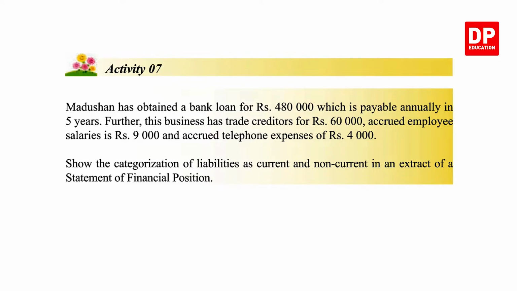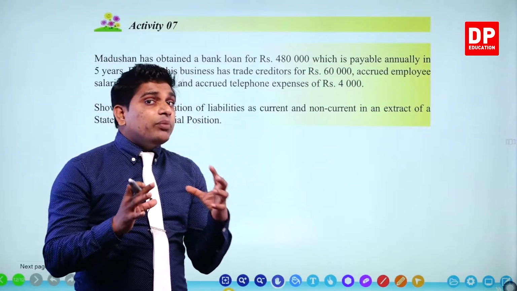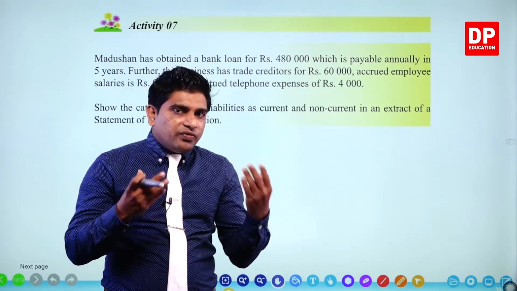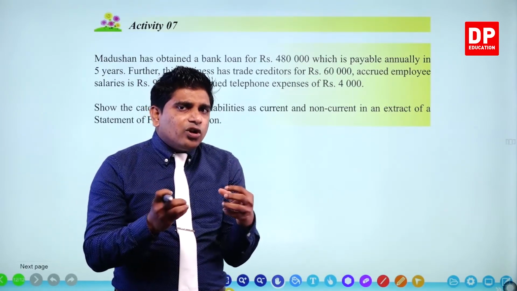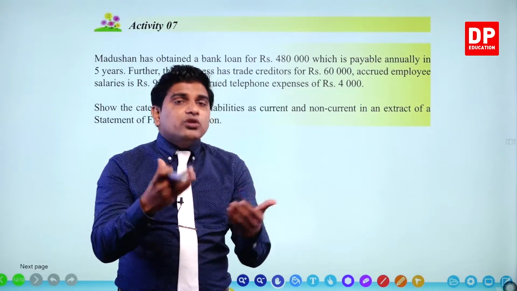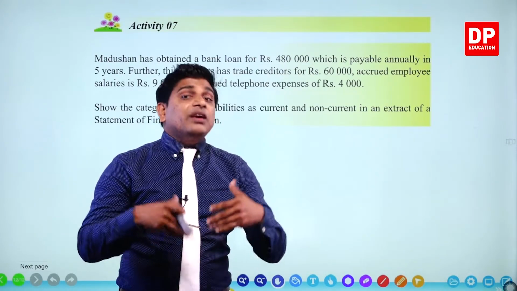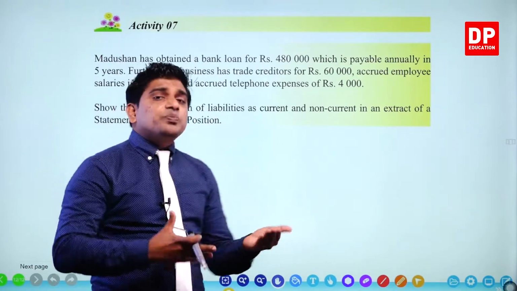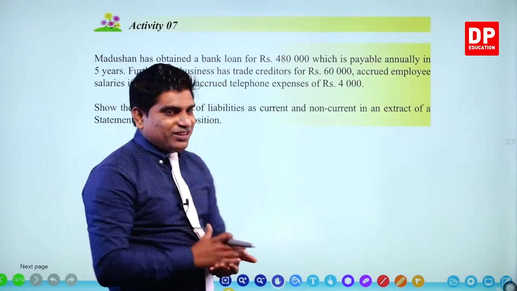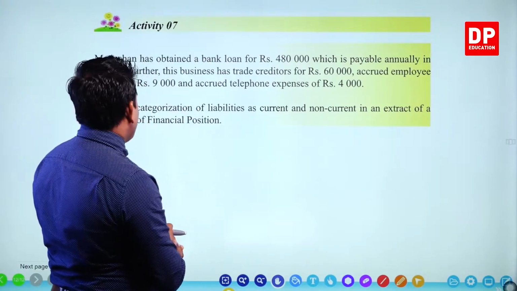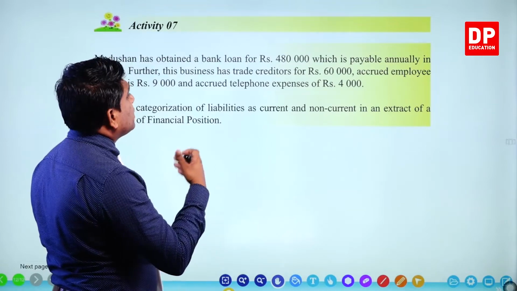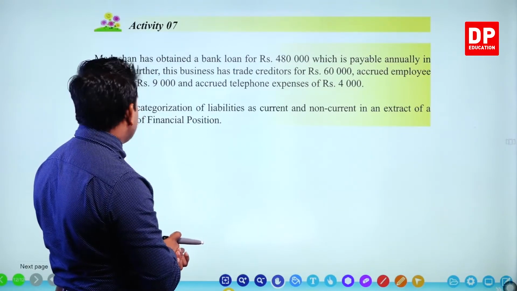Creditors, you know, current liability. Accrued employee salaries. Accrued means accrued water bill, accrued electricity bill, accrued telephone bills, right? Accrued means still not paid in cash. In the future you have to pay, right? A payable thing. Accrued employee salary means payable employee salary, current liability, right? 9,000. And accrued telephone expense is payable telephone expense, 4,000, that one also a current liability.